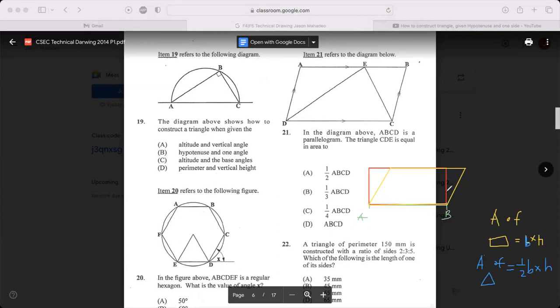If my triangle has the same base and the same height, it means the area of the triangle is going to be half the area of the rectangle, because the base and the height are the same. You'll see what I'm saying there, right?